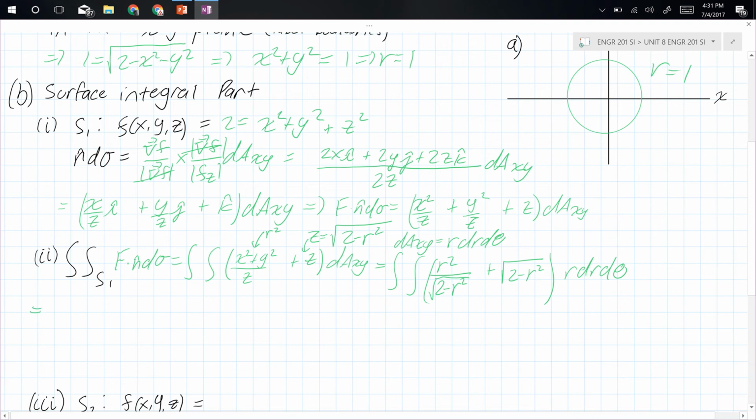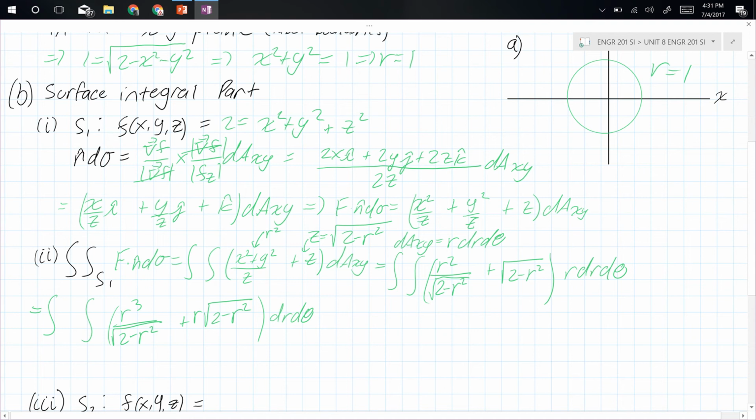Go ahead and multiply that r out, and we also solve for our limits. So we're going to have r cubed over the square root of 2 minus r squared plus the square root of 2 minus r squared, sorry, times r dr d theta.